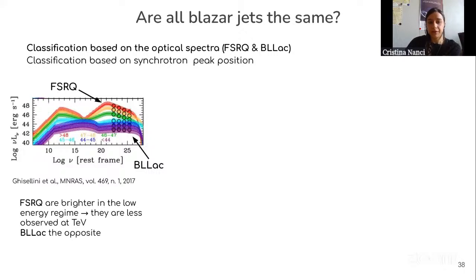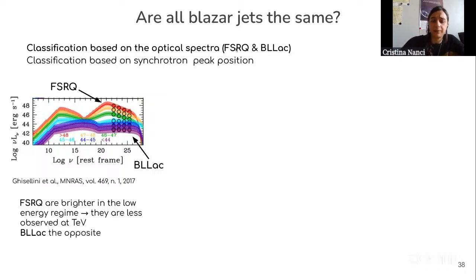From a population point of view, we can see some features in the multi-wavelength TeV energy range that are reflected in the VLBI features that we observe. Indeed, the answer to the question of whether all blazars are the same is no. We classify them based on the optical spectra.